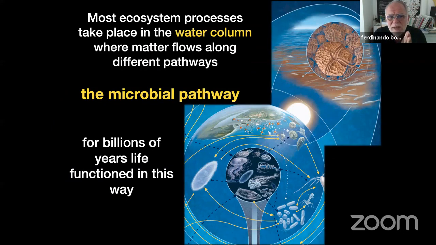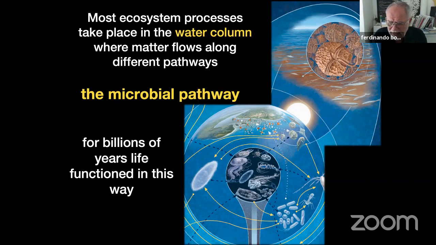So most ecosystem processes take place in the water column. So let's look at what happens in form of pathways. You can see a black circle here with lots of corpses and black arrows that converge there. These are all the living matter that is dead. Living matter before decaying still has an organization.